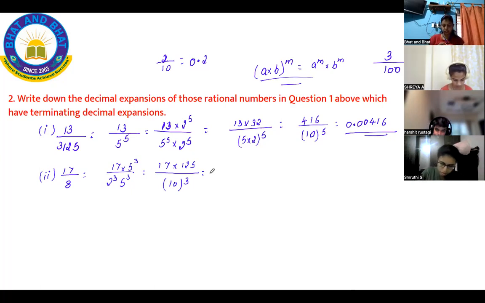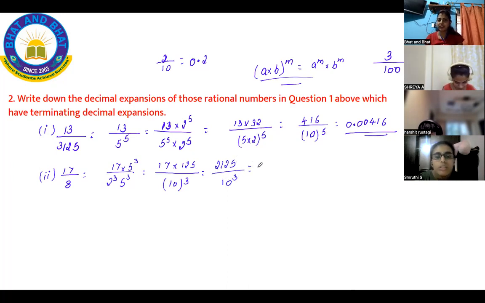Tell me. Harshit, if you finish your calculation, wait. I want the others to answer now. It's 2125 by 10 power 3. 2, 1, 2, 5. Divided by 10 raised to 3.